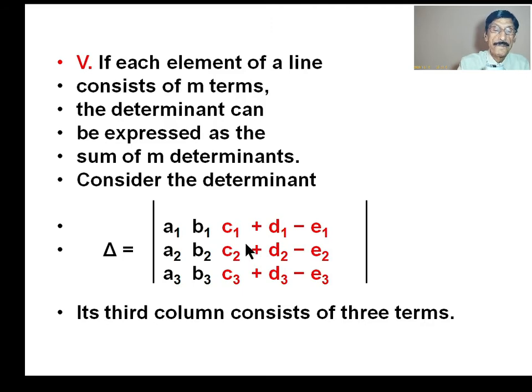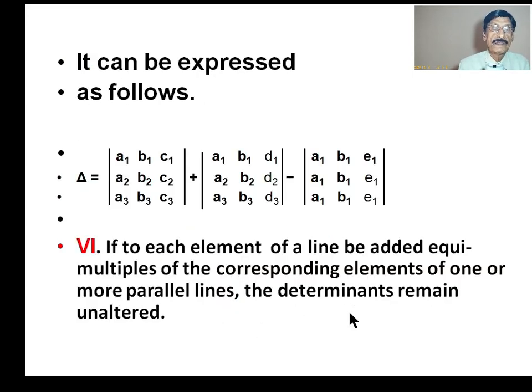This is the third column. It can be split into three columns. That means in the first column C has been taken, in the second column D has been taken, in the third column E has been taken. So a single determinant has been split into three determinants with the proper sign.